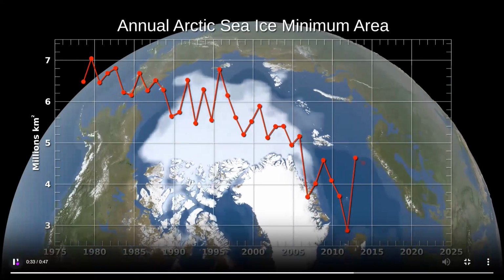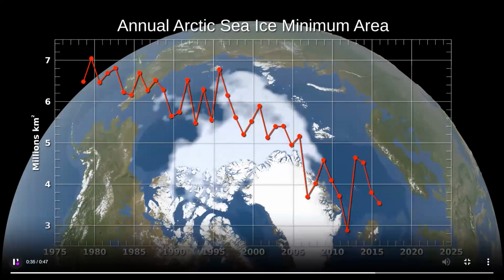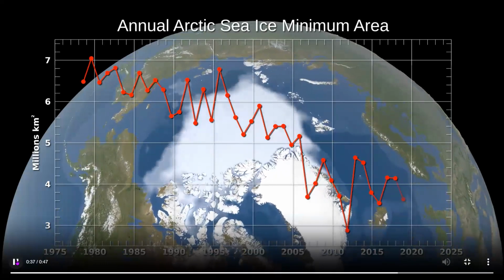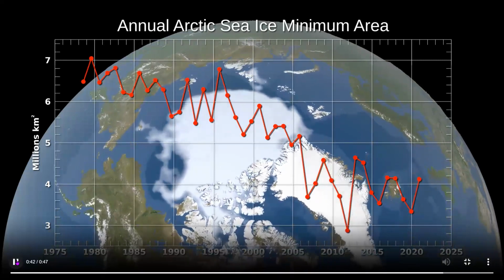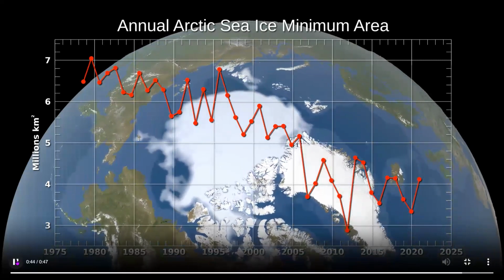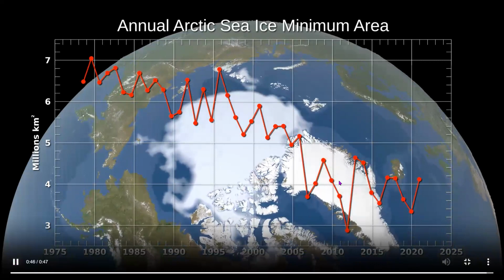Let's keep going. So I'd like you to think about where you were at the time, and also where your loved ones were at the time. And notice that although it does go up and down, the overall trend is down. That's some of the vital information that we can get from satellites.